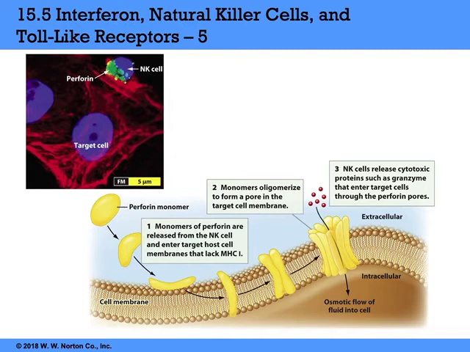Natural killer cells recognize cells that have lost expression of MHC class 1. The cells store cytotoxic molecules like perforin and lysosomes, and recognition of an infected cell triggers release of these molecules, so that's called degranulation. And then they kill the target by causing the cytoplasm to leak out. Right? So this basically punches holes in the membrane.